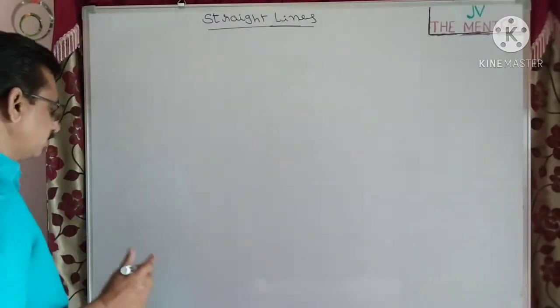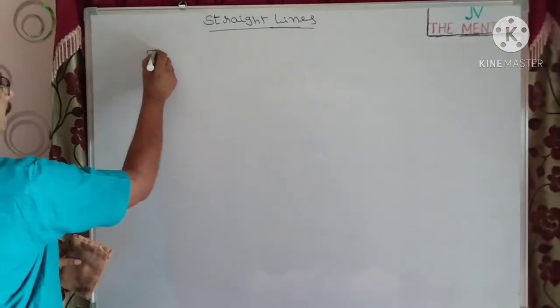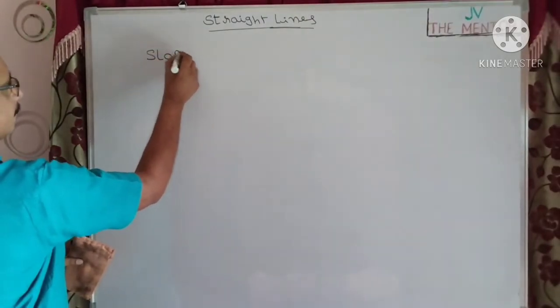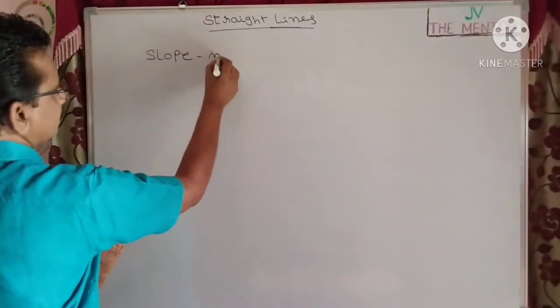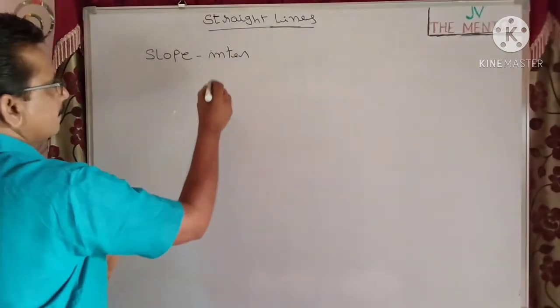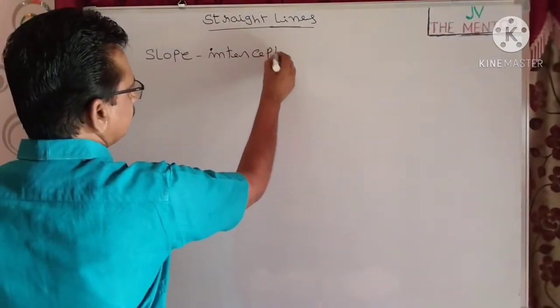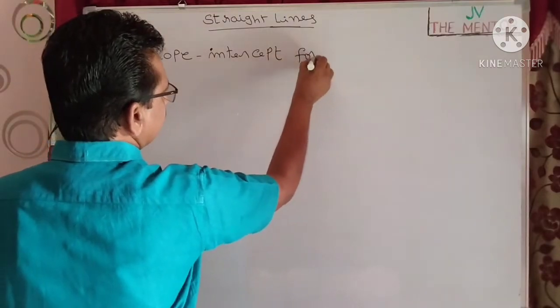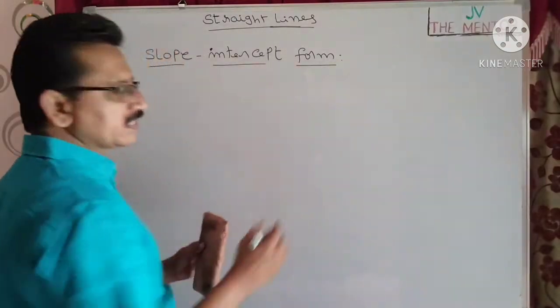Now the continuation of straight lines. Next concept, slope intercept form. Slope intercept form of a straight line.